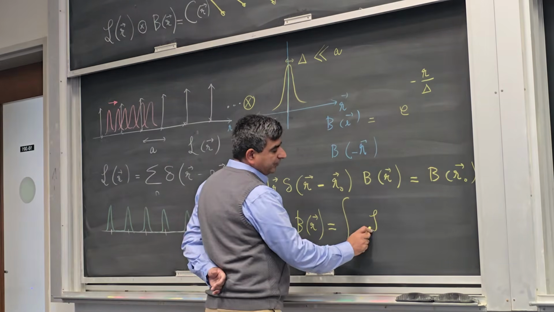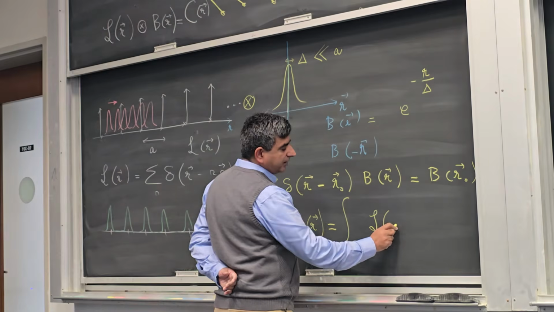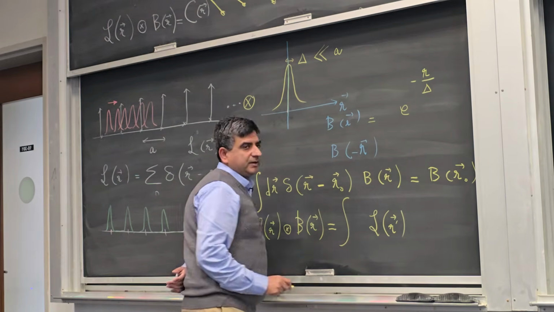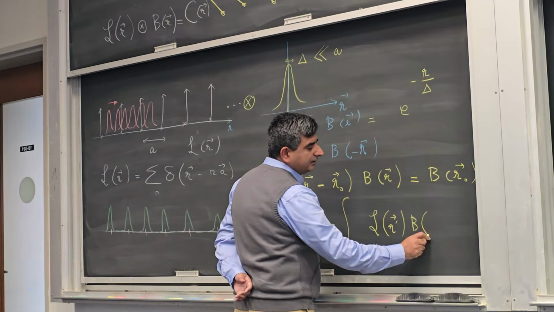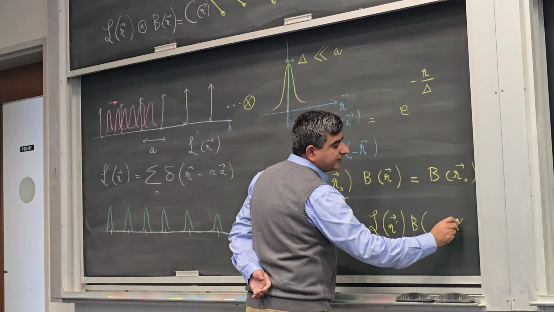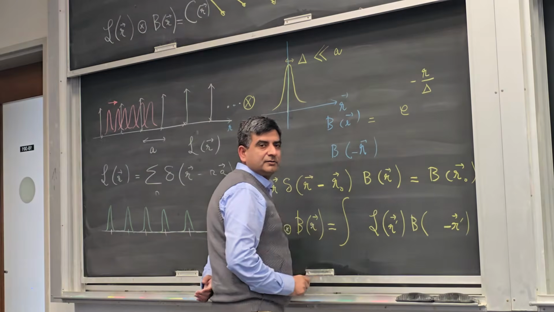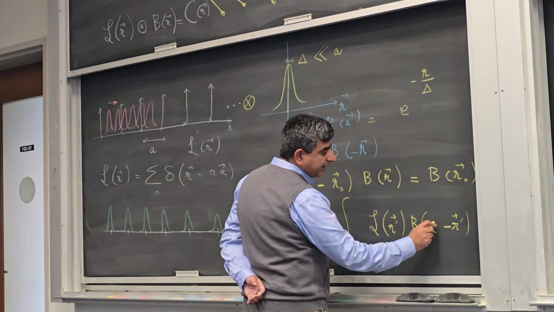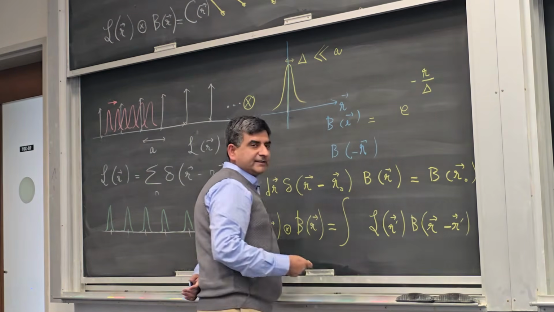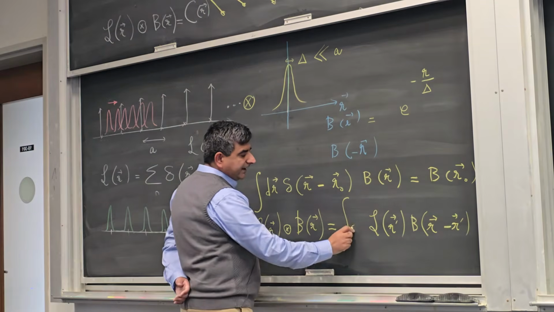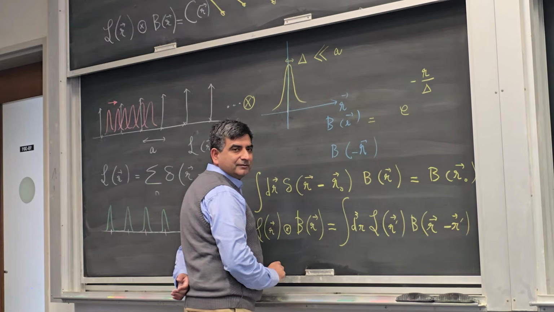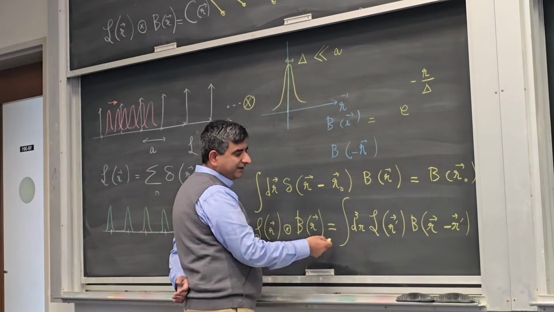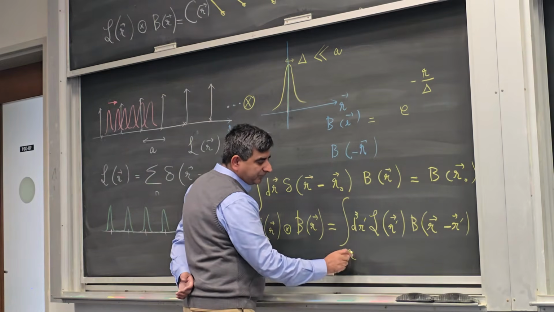I take the original function L of R, I define a new variable R prime, I take B, I invert this original function, minus R prime, and add this running variable R, and I integrate over this R prime.